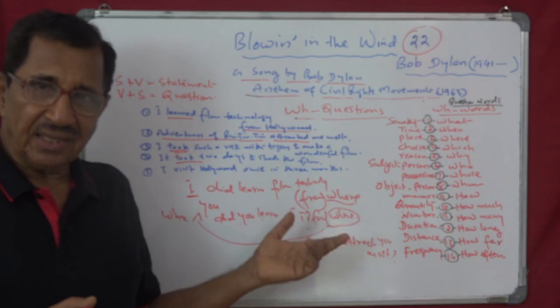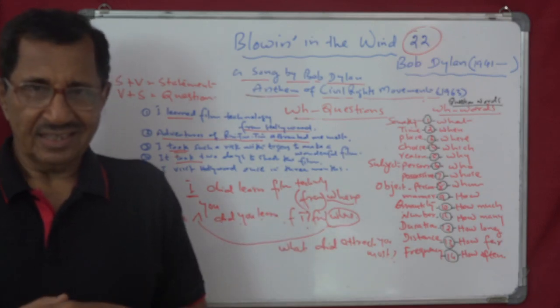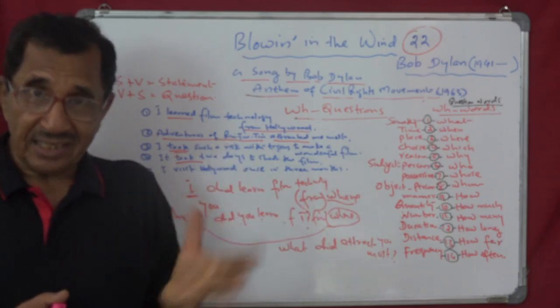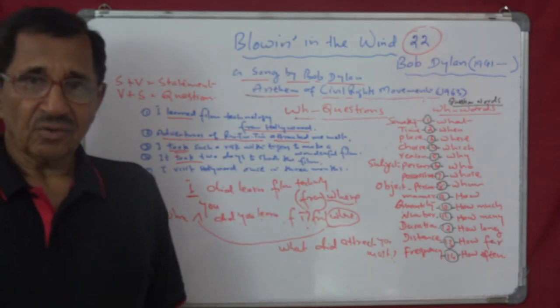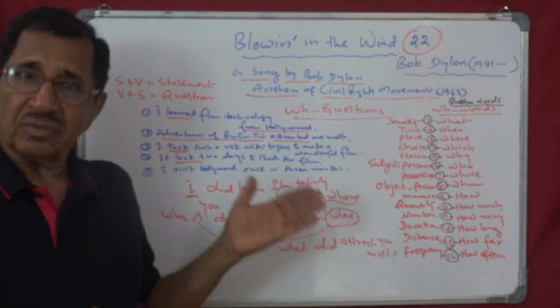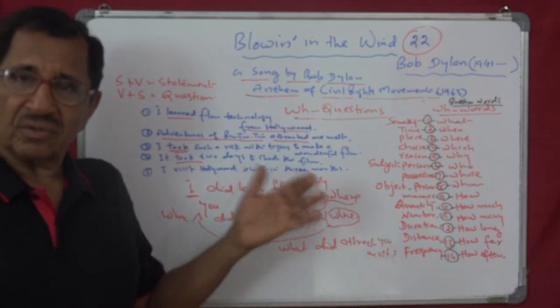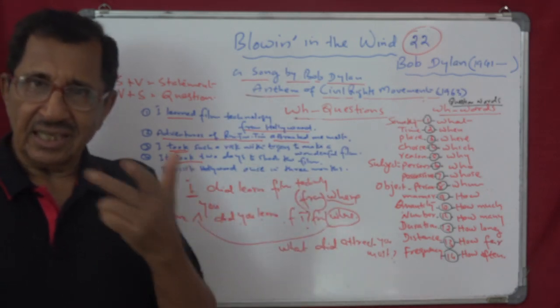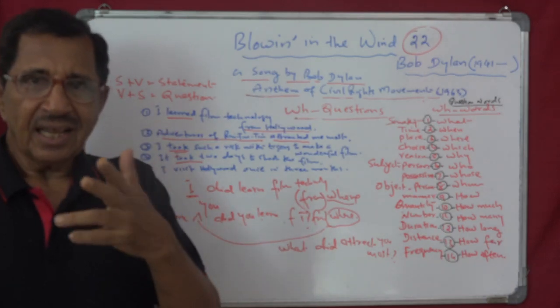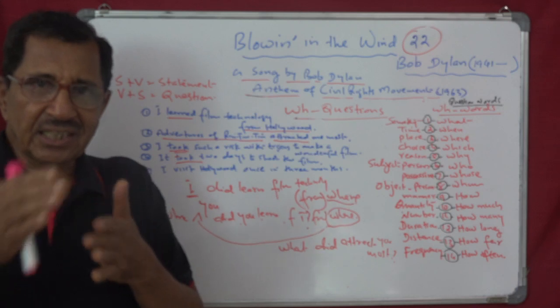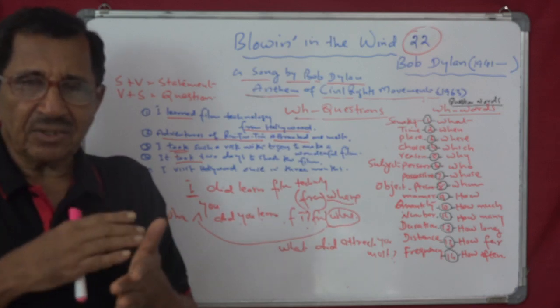Or if it is something, what? The manner in which it is done, how? That's what we have seen. You should start the question with the question word. Then if the verb is single word, make it double and place it just before the subject of the sentence.